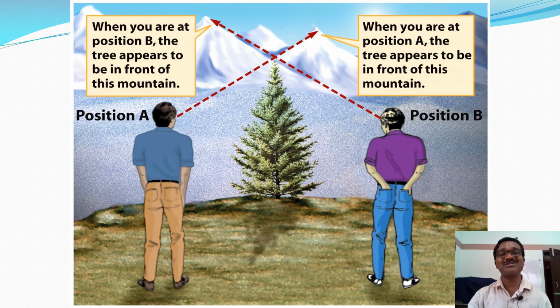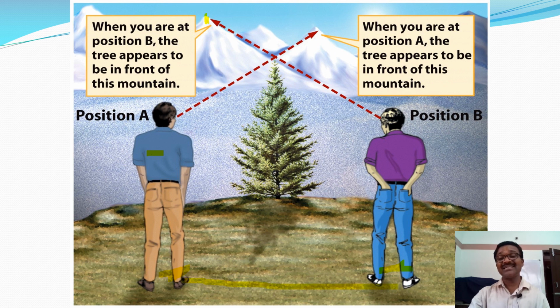Yes, look at this picture. When you are at position B, the tree appears to be in front of this mountain. When you are at position A, the tree appears in front of a different part of the mountain.